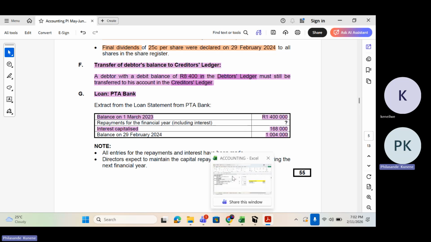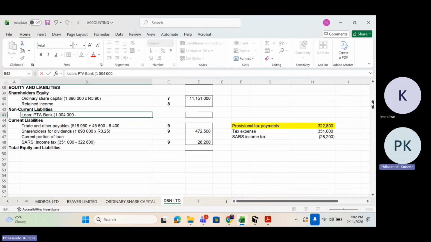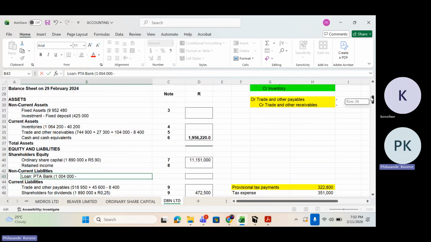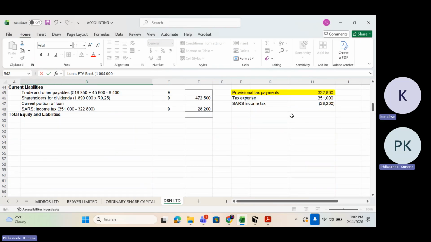So how do we deal with a loan transaction? I always encourage you to do a T account. So let's do that and see if we can be successful in doing a T account to deal with this loan.